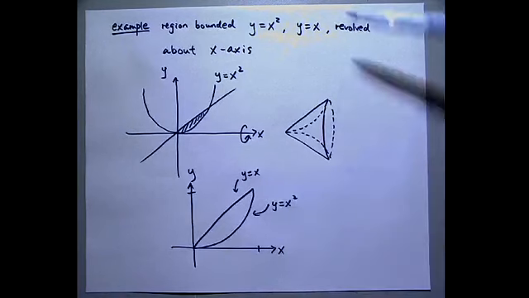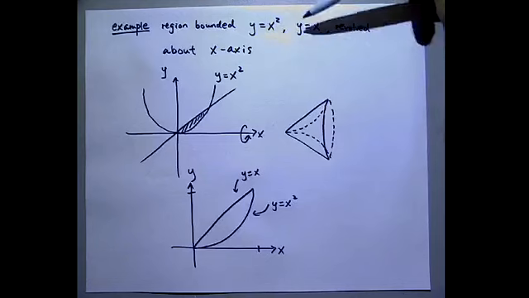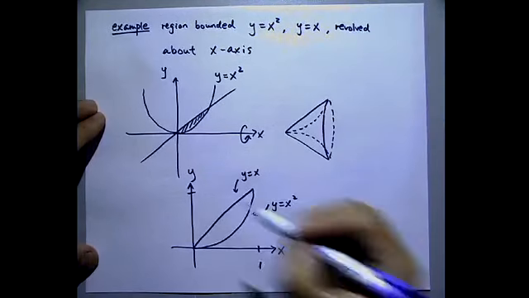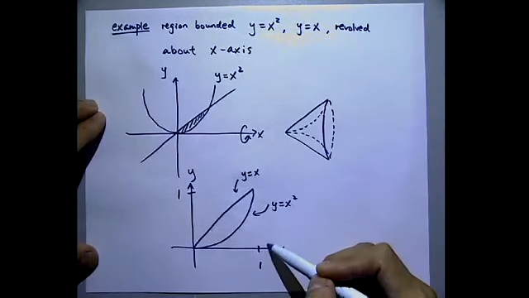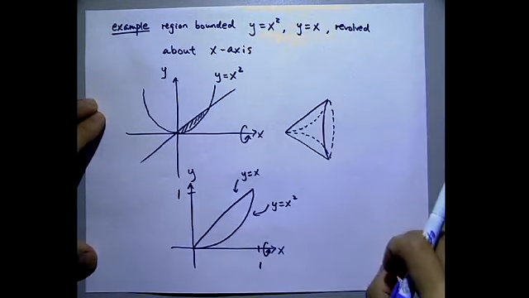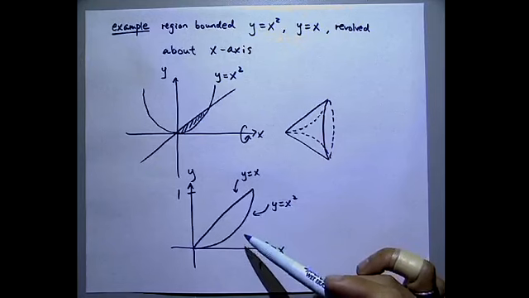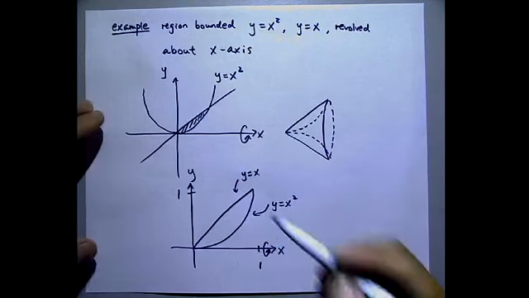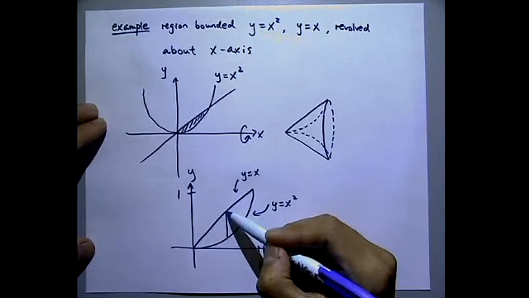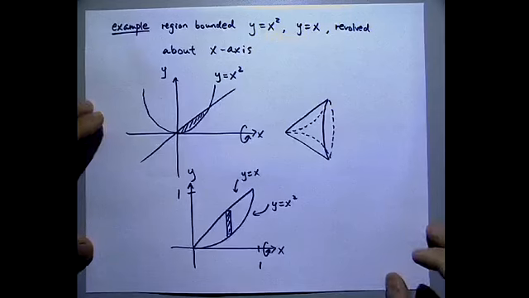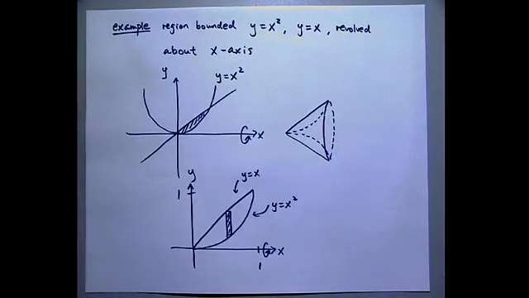If x is equal to 1, y is equal to 1. And we're taking a little rectangle inside that region, going around the x-axis. And now when we revolve this rectangle here, what do we get out of it?